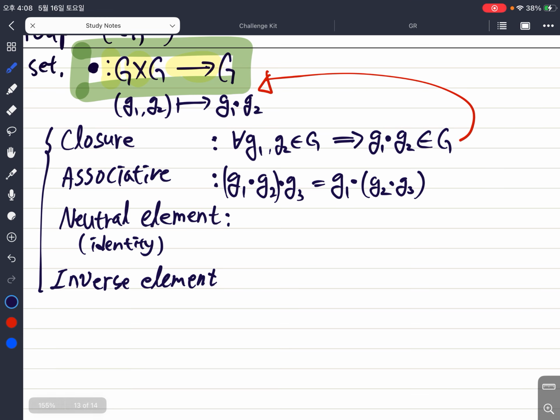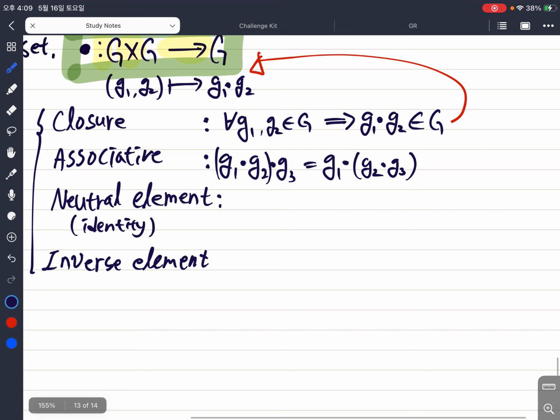And also, now every group element has some neutral element or identity element. I write E. I forgot to write for all, but I assume I said it is already in there. So for every element in G, there is something.